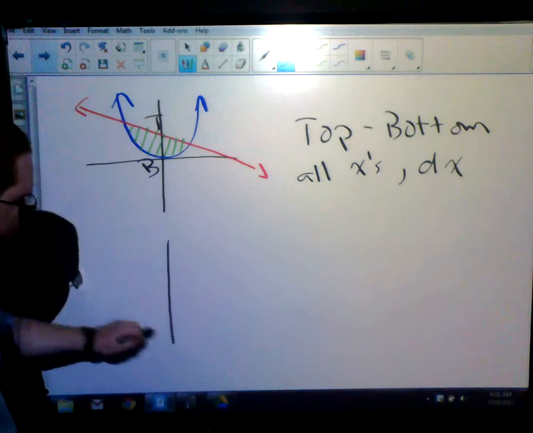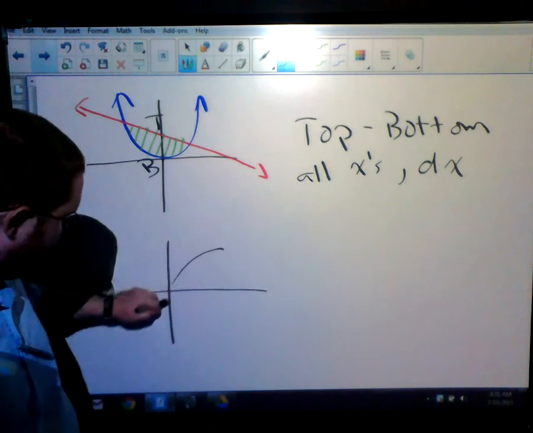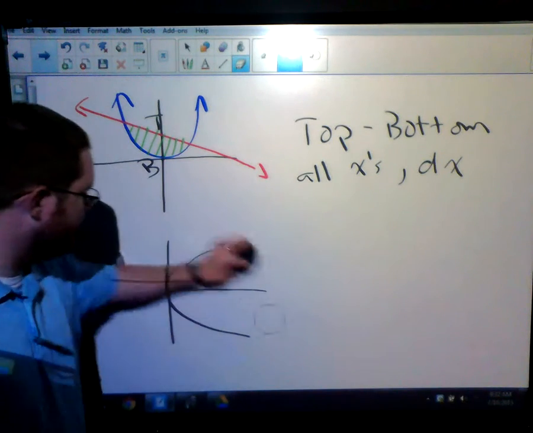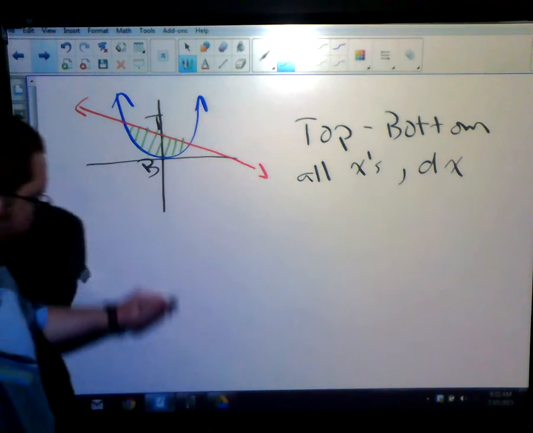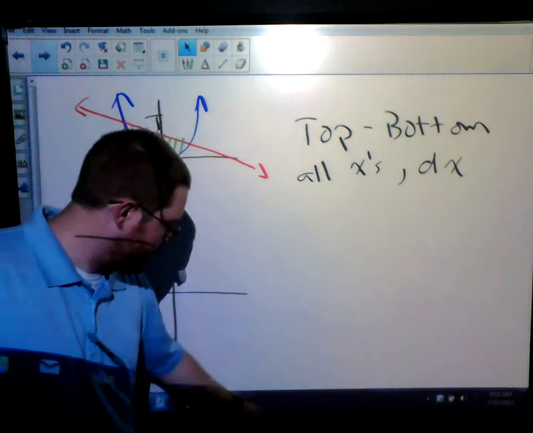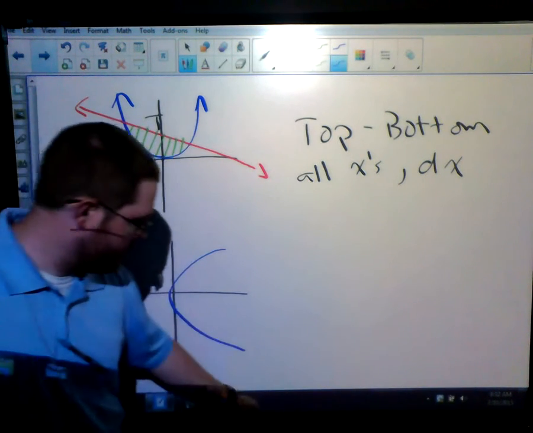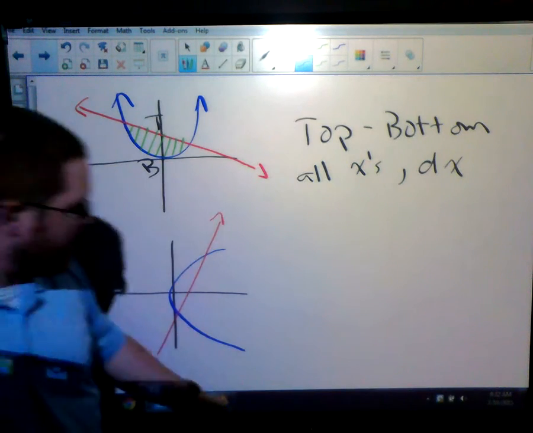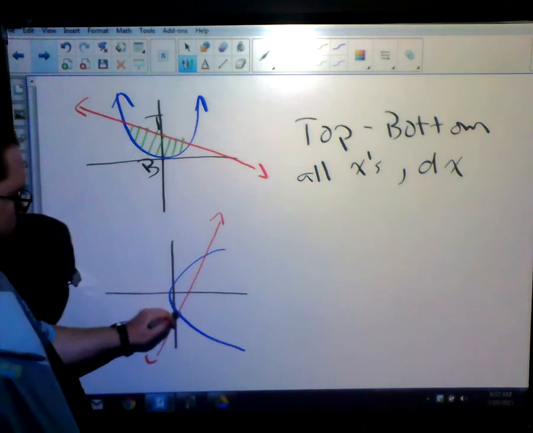But what about a problem like this? And yeah, we will see problems like this that have sideways parabolas in them. How about now, if I want to find this area?